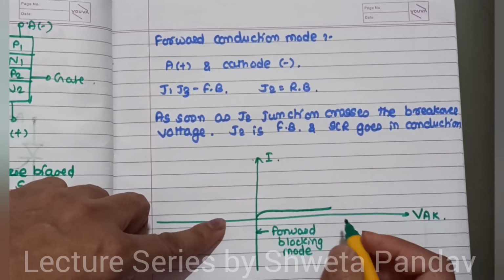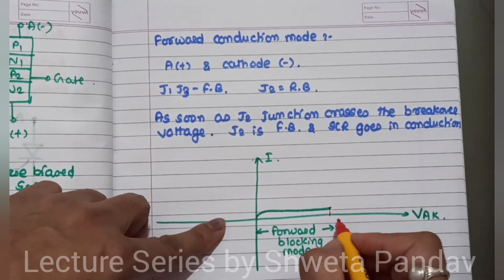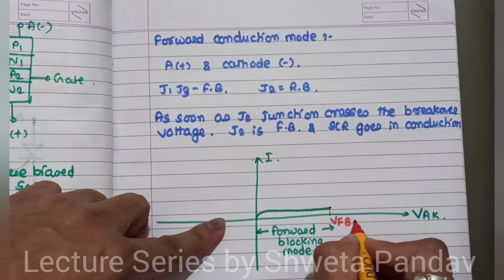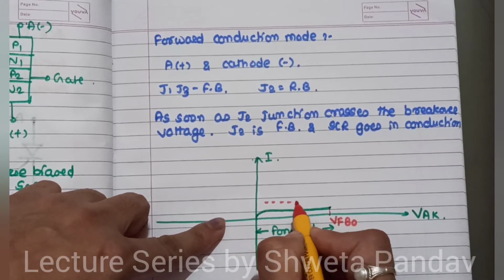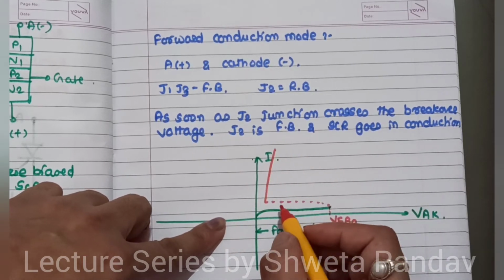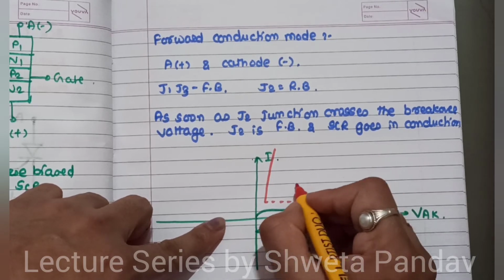Whenever the junction J2 crosses the breakover voltage, called the forward breakover voltage, the current starts increasing immediately, and this mode of operation is called forward conduction mode.